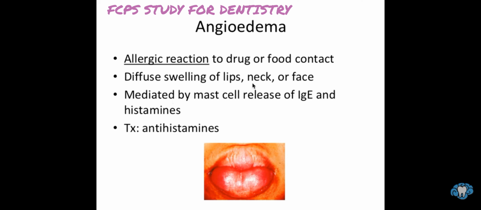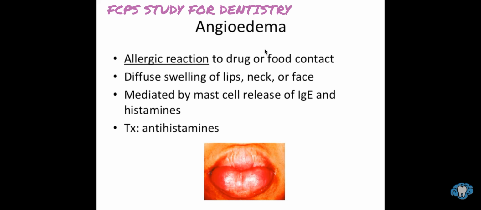That's probably the most important thing to remember. The treatment, which is logical, is antihistamines because we want to counteract the release of these histamines. So if you can remember all of this and tie it all together, it'll help you remember all you need to know about angioedema.